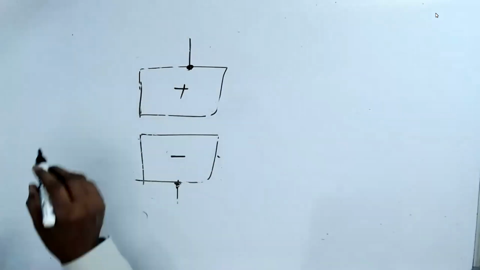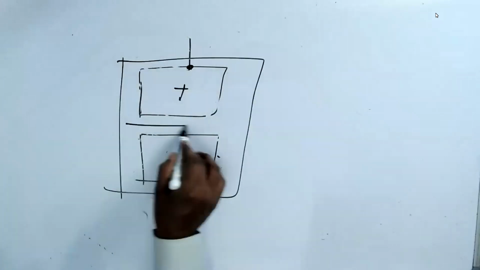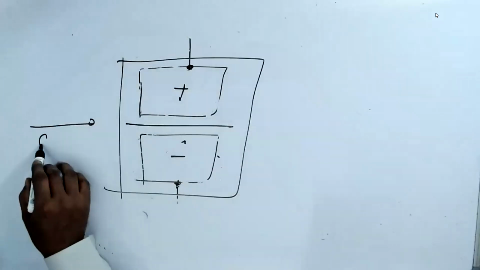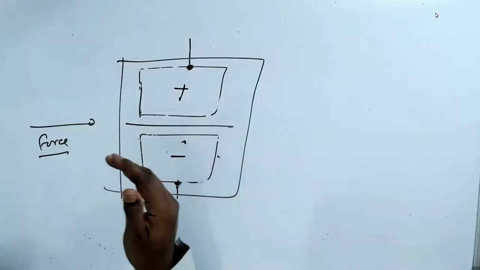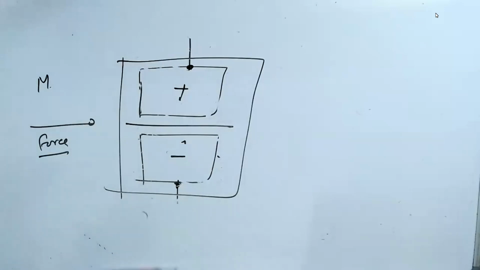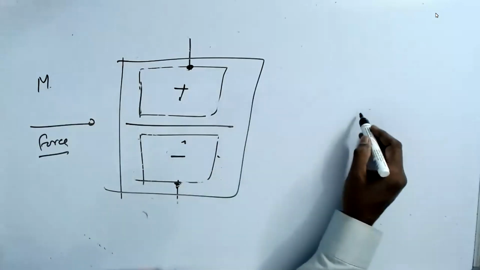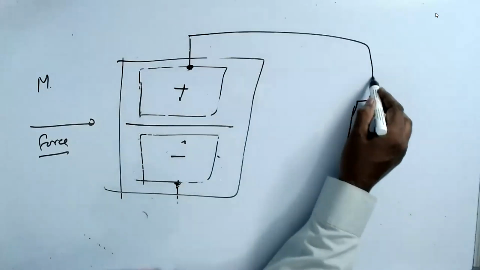That means I have two objects, and I give a force from outside. This is all mechanical force. We call it Newton meter or whatever it is. I'm not into mechanical, but I'm interested in electrical. What they have done is, here they have a resistor.